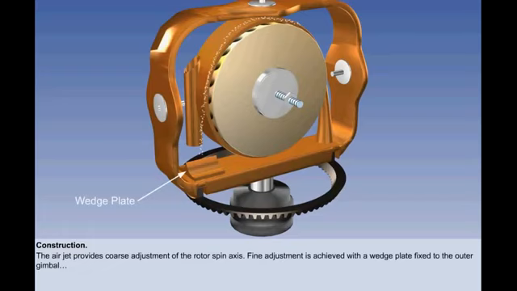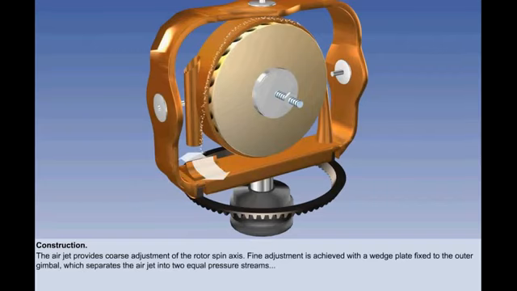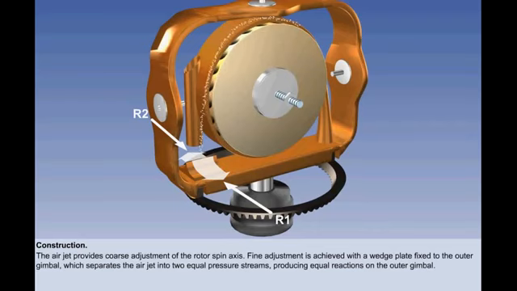Fine adjustment is achieved by a secondary system which involves a wedge plate fixed to the outer gimbal. If we look closely, we can see that the airstream flowing around the rotor is directed at this wedge plate. The wedge plate normally separates the air jet into two equal pressure streams, producing equal reactions on the outer gimbal.